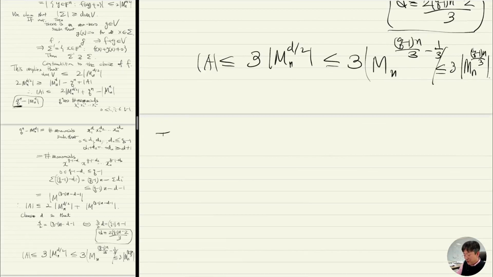So now we are really ready to prove the Ellenberg and Gijswijt theorem. Right?